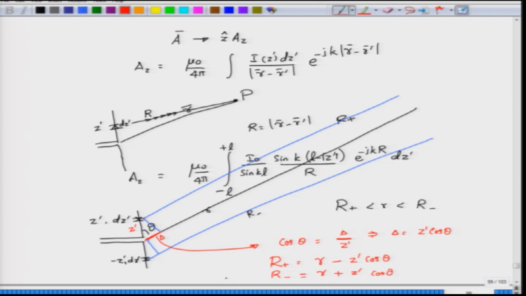Now, what is the use of this? See, the integral was actually going from minus L to plus L, correct. So, all these integrals were going from minus L to plus L. Now, I can break this into one integral from 0 to L and then one integral from minus L to 0.